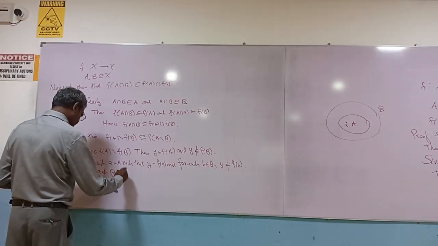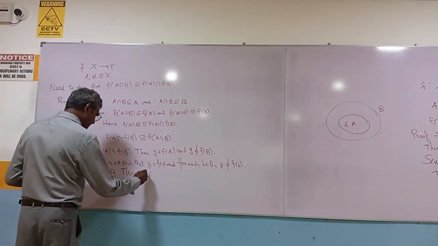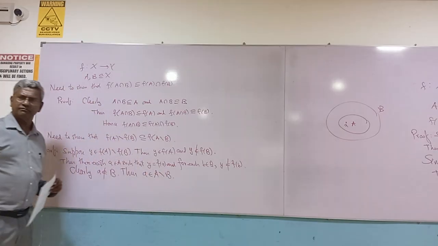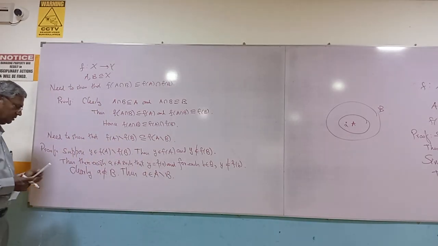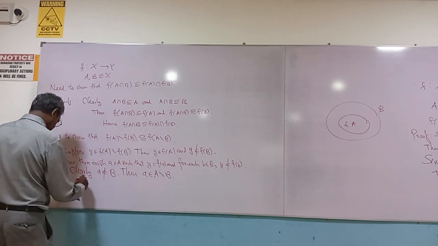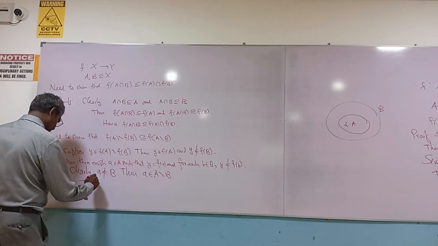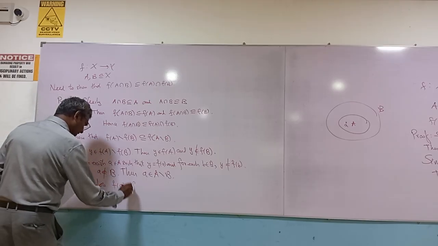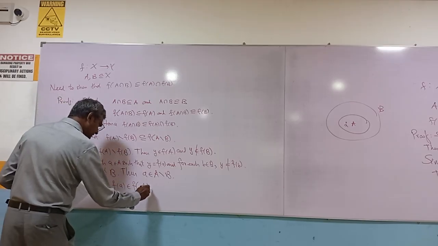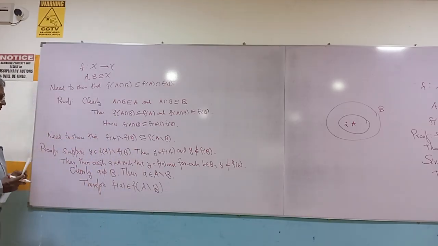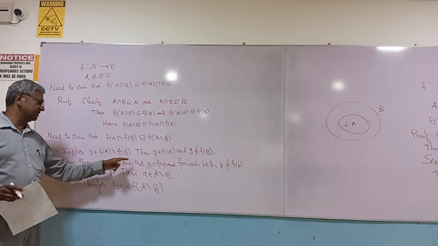Thus, little a belongs to capital A minus B. Therefore, f(a) belongs to f(A minus B). I have begun from y belongs to f(A) minus f(B).